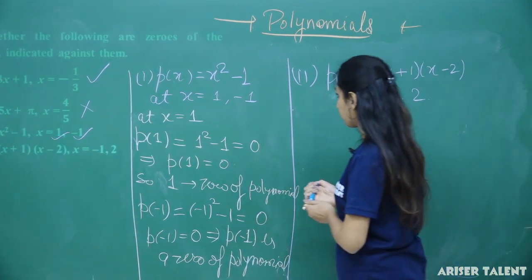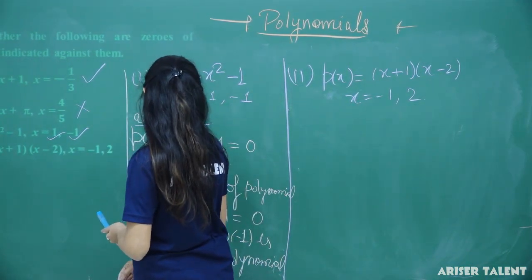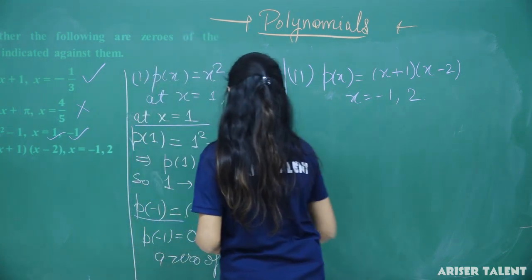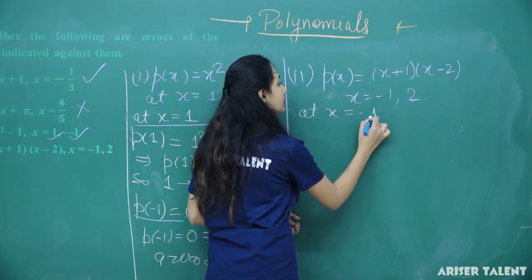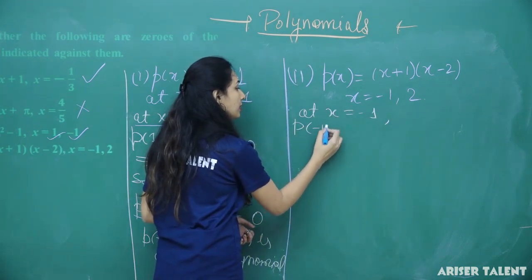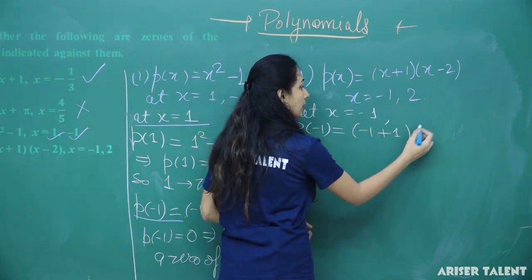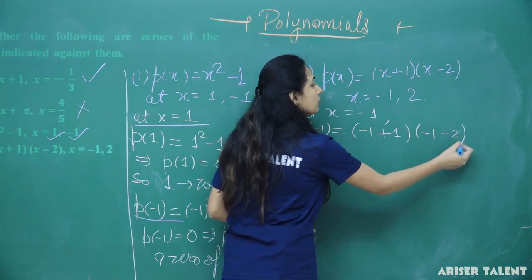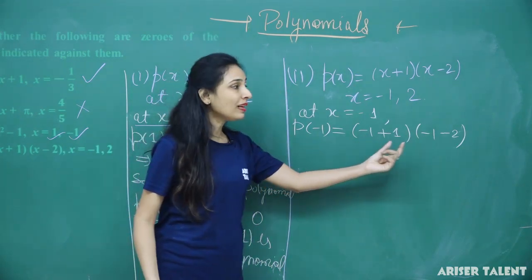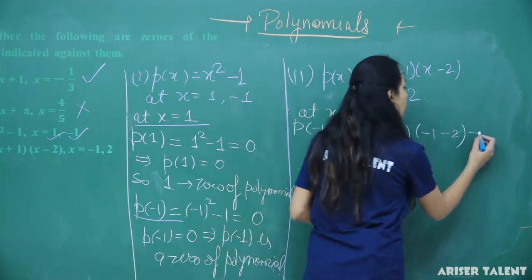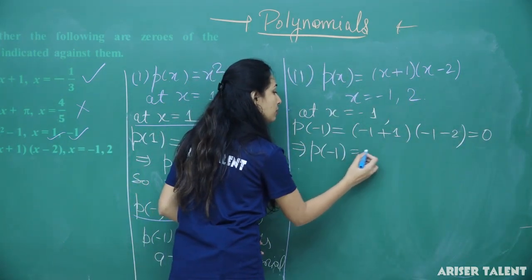Now come to this part, minus 1 and 2. Okay, so first at x equals minus 1, p(-1) will be minus 1 plus 1 times minus 1 minus 2. Now irrelevant of this value, that will become 0, since 0 multiplied by anything will become 0. So p(-1) equals 0.